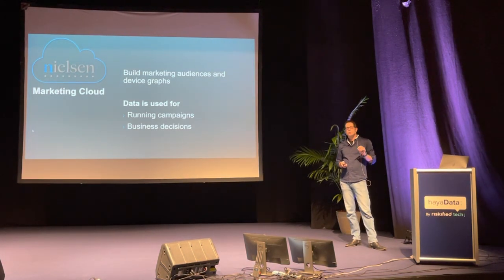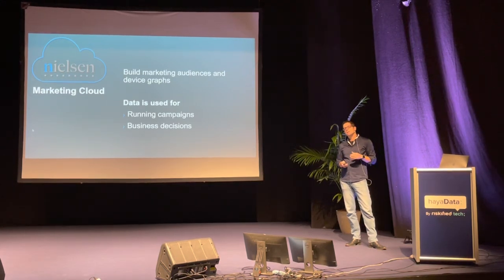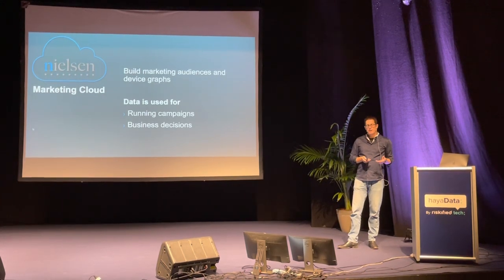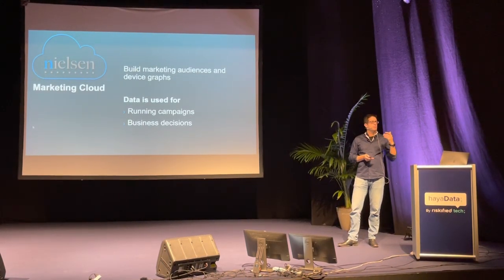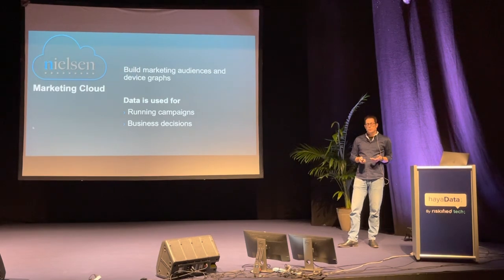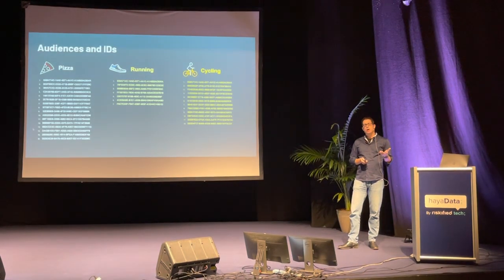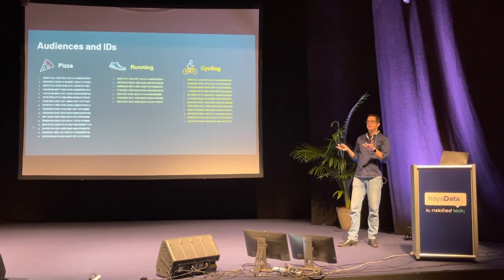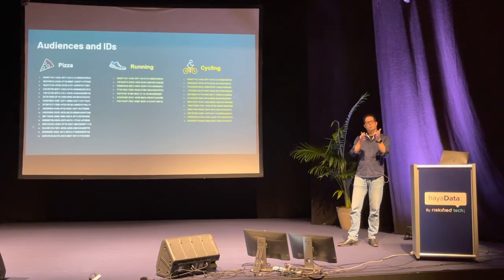A bit about us, so you have some context. We're Nielsen Marketing Cloud. We build marketing audiences and device graphs. And this is great for running marketing campaigns and for making business decisions from the data analytics you gain from it. An audience is basically just a list of IDs with some classification, a trait. The IDs are device IDs, which we basically equate to users, right?